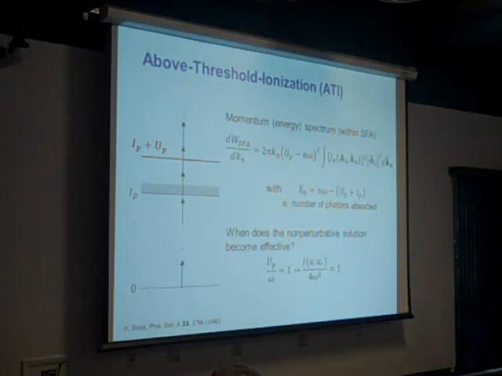This holds for all numbers of photons absorbed, so I only have to consider this energy conservation. The energy of my electron, as it will be detected at the detector, is n photons absorbed minus the ionization potential minus the quiver energy.